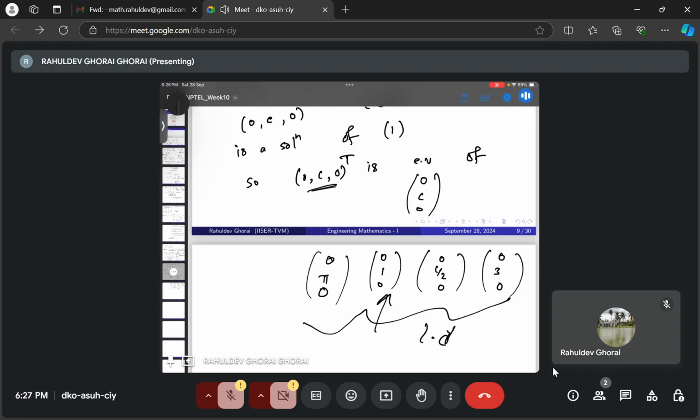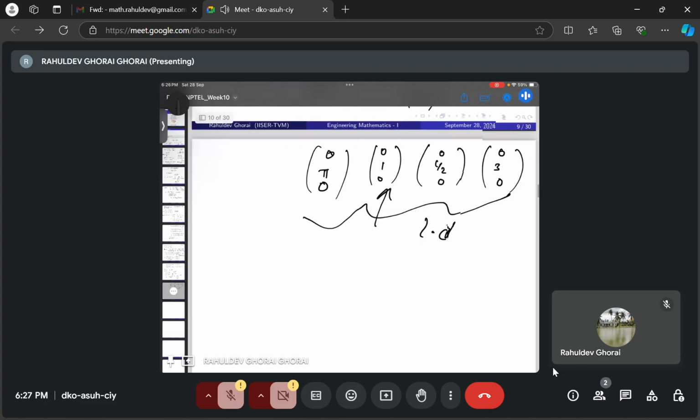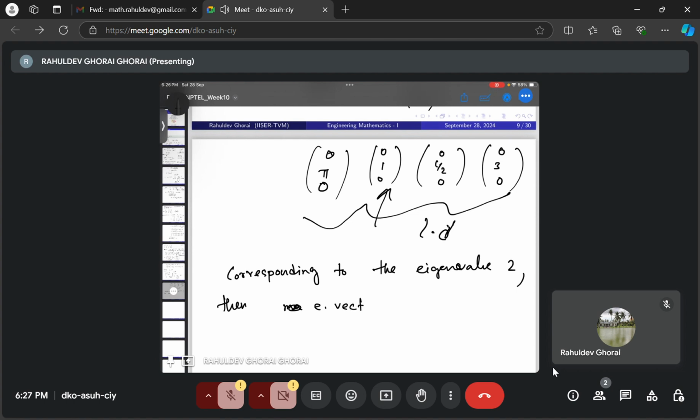Anyway, this is one of the eigenvalues, so we'll take one eigenvalue. Corresponding to that eigenvalue of the matrix, the eigenvector is (0, 1, 0).